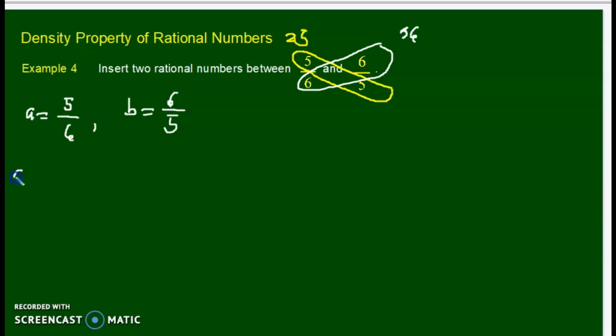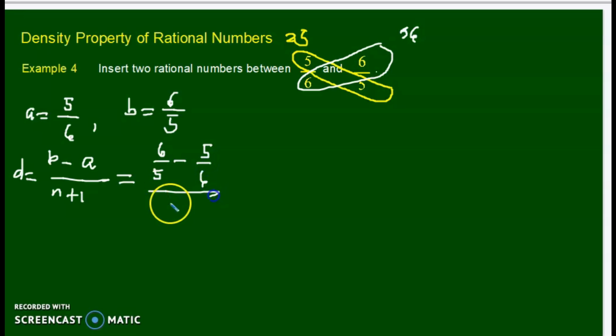So, we first solve for D. So, sabi, B minus A all over N plus 1. So, your B is 6/5 minus 5/6 all over N, dalawa, yung kukunin natin na rational numbers, plus 1. So, we work on this part.